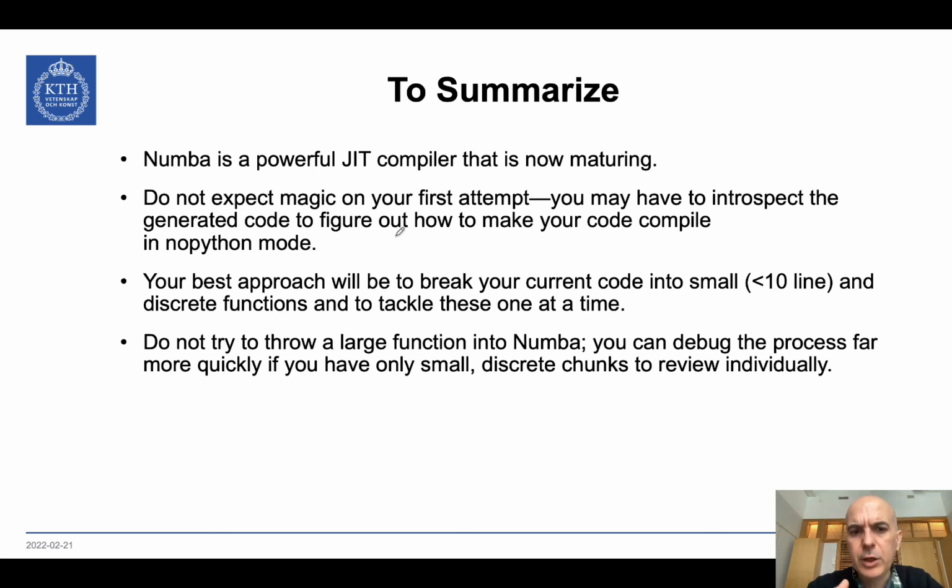Do not throw in a large function, because then you will get a lot of errors and you don't know where to start. So go step by step, pretty much like debugging, and extend the compilation of your code. This is the last slide of this lecture, and talk to you soon.